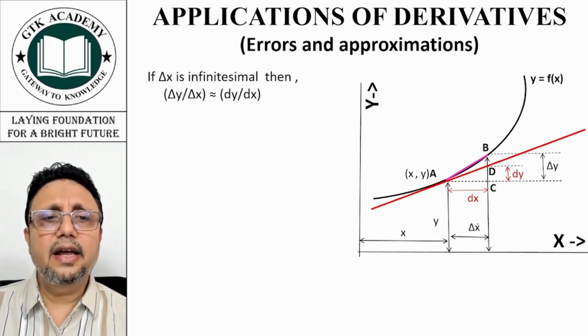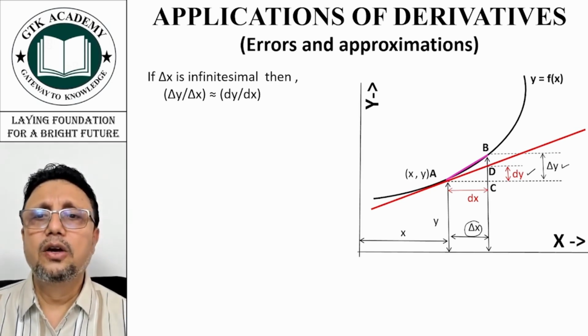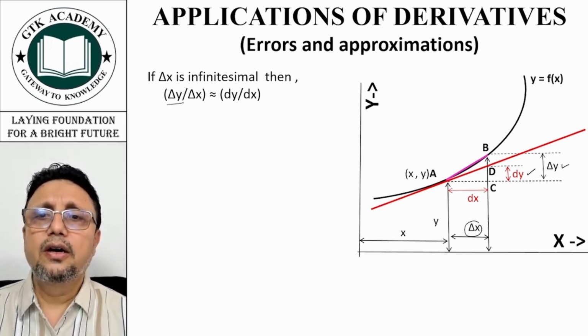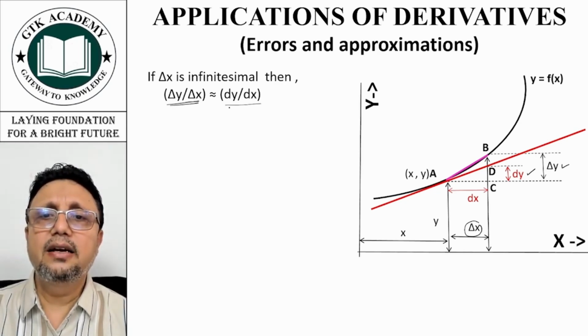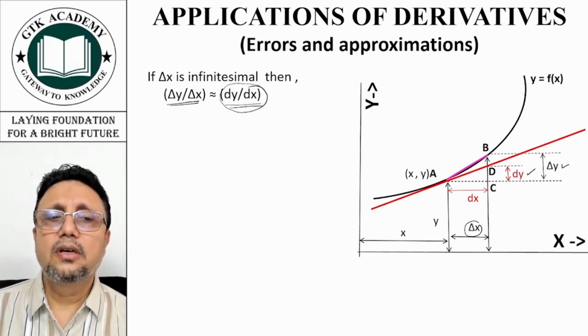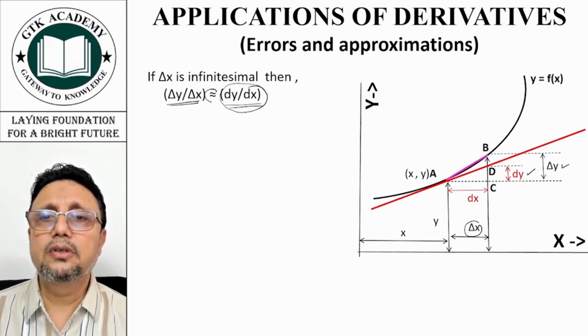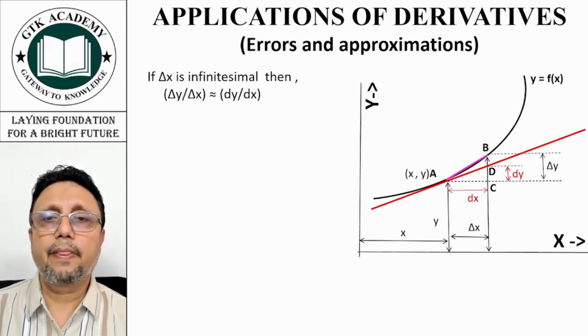So when delta x is infinitesimal, this delta y and dy are nearly equal. So instead of delta y upon delta x, we can write dy upon dx, right? Because they are nearly equal. So we use this notation.